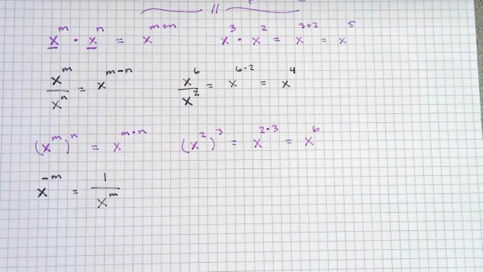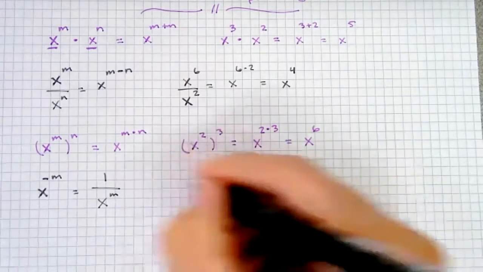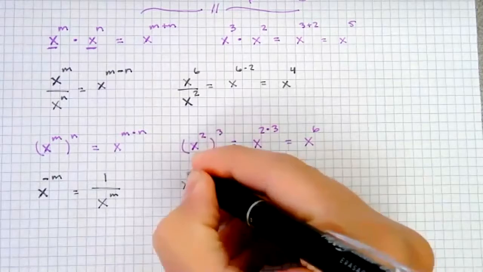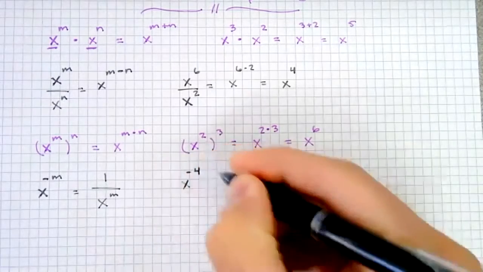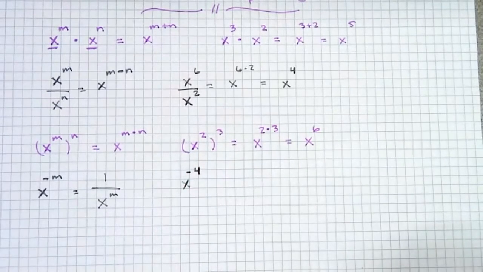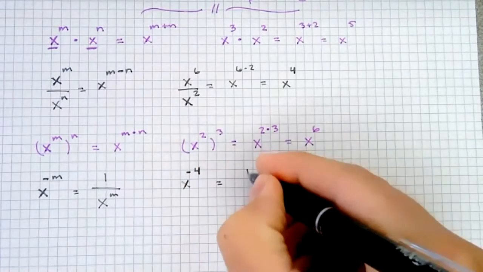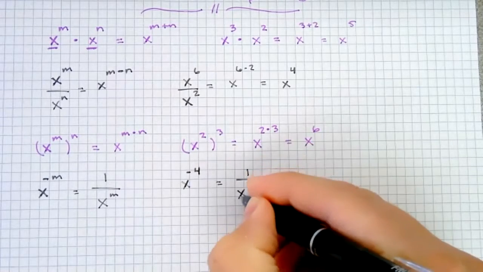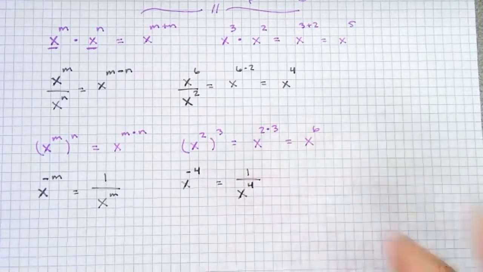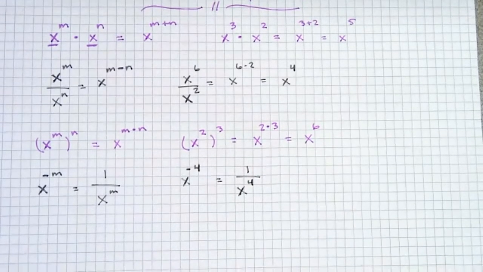This is probably one of the more difficult ones that people struggle with, but anytime you have a negative exponent, we don't like to have that, so we move it to the bottom of a fraction. So like x to the -4 would then become 1 over x to the 4th.